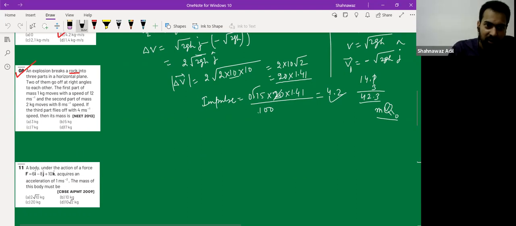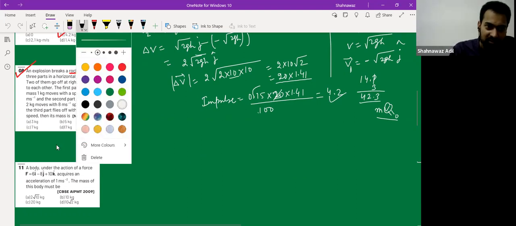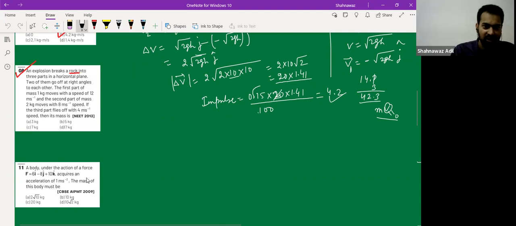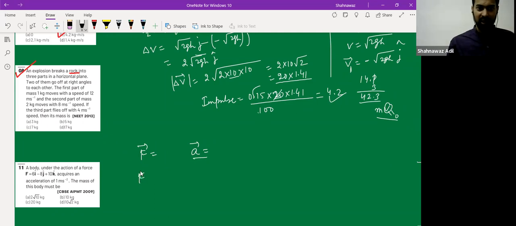So the next question. A body under the action of a force, so force is given, acquires an acceleration, so acceleration is given. The mass of this body must be. This is a very simple question. Your force is given, your acceleration is given, and you have to calculate the mass.